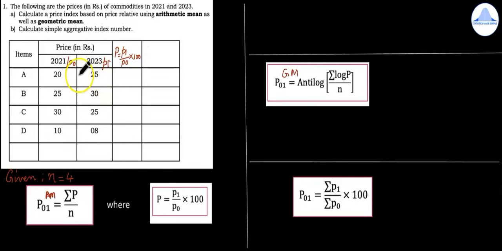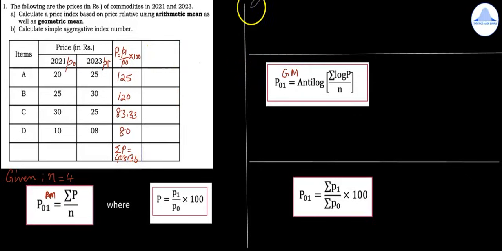So it is 25 by 20 into 100 will be 125. Similarly, the next value is 120. Then we have 83.33 and then 80. Next, find out summation P, which will be 408.33.